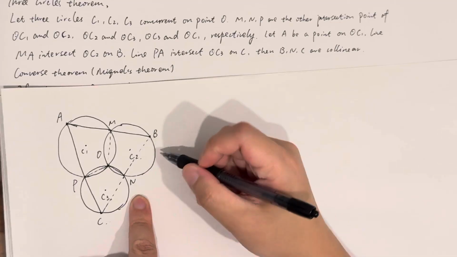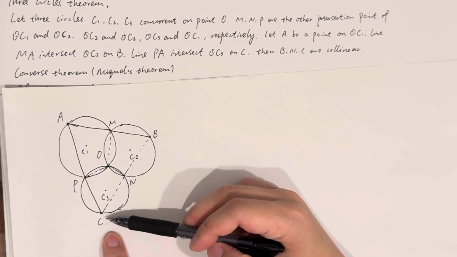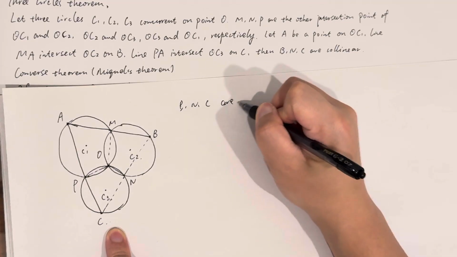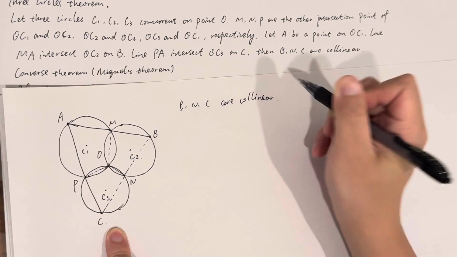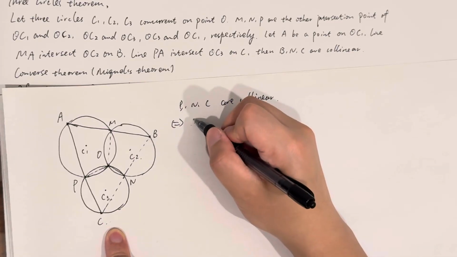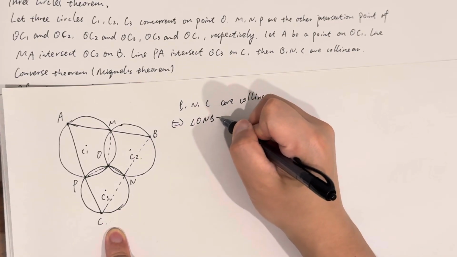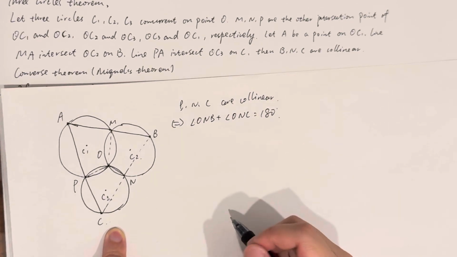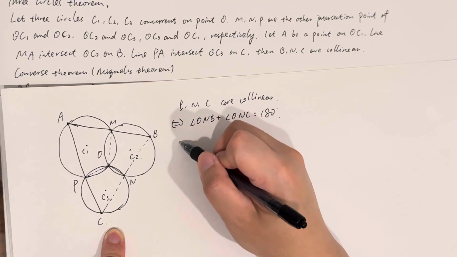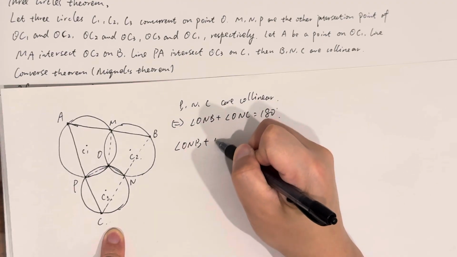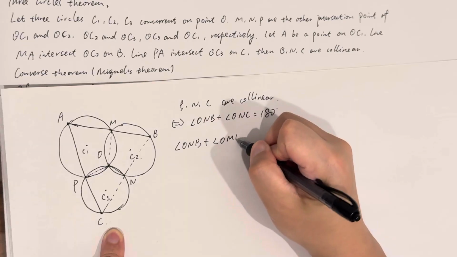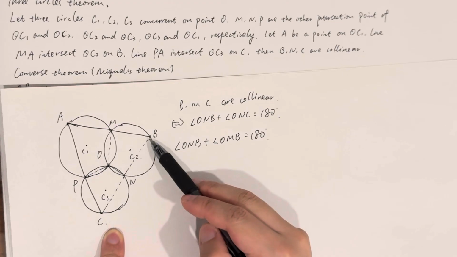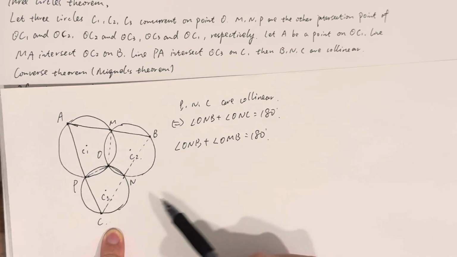Okay, so if we want to prove that B, N and C are collinear, it is equivalent to showing that angle ONB plus angle ONC equals 180 degrees, right? And we already know that angle ONB plus angle OMB equals 180 degrees because OMBN is a cyclic quadrilateral, right?